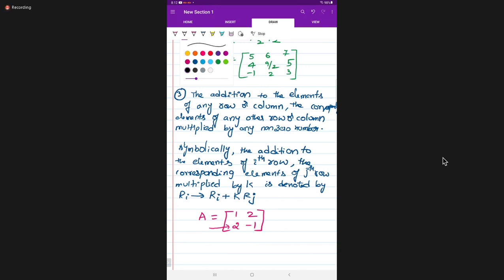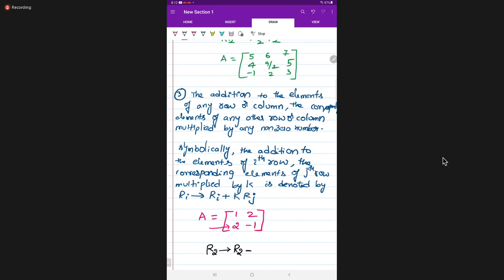So where we have 2, to make it as 0, R2 implies R2 minus something. So 1 is there now. The upper element of 2 is 1.